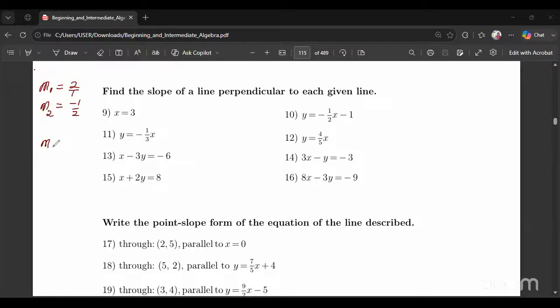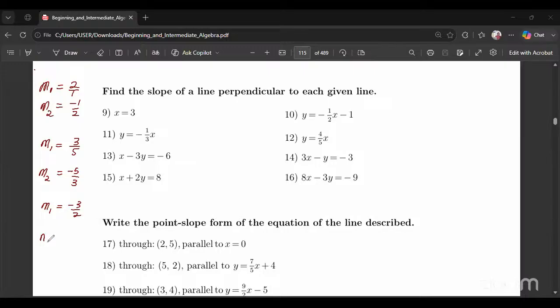Now let's do another one. If I have a line with the slope 3/5, then what is the slope of the other line that is perpendicular to it? You invert it, so you have 5/3, and you put a negative to it. So you have -5/3. And lastly, if you have the slope of a line to be -3/2, you can see this one has a negative sign, right?